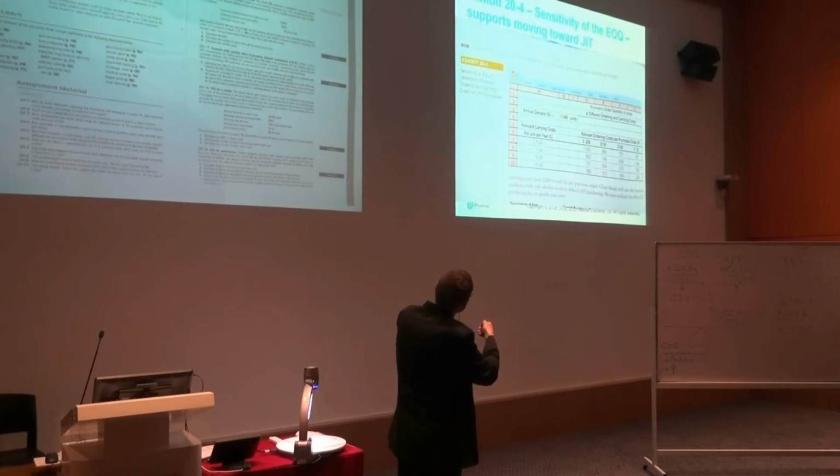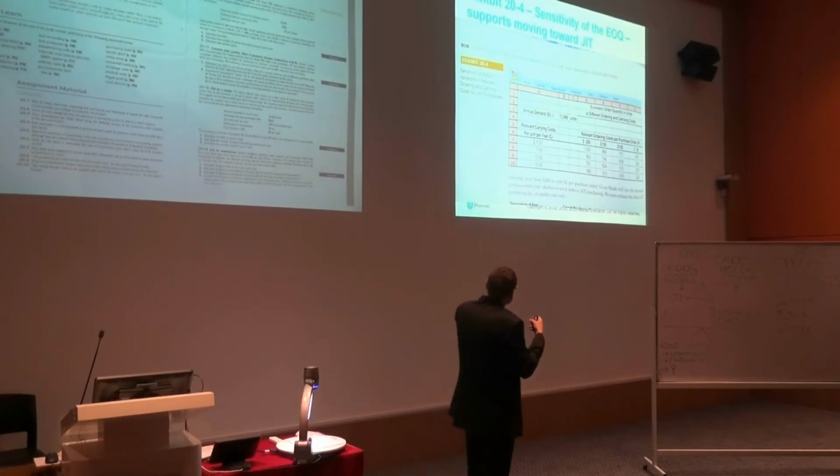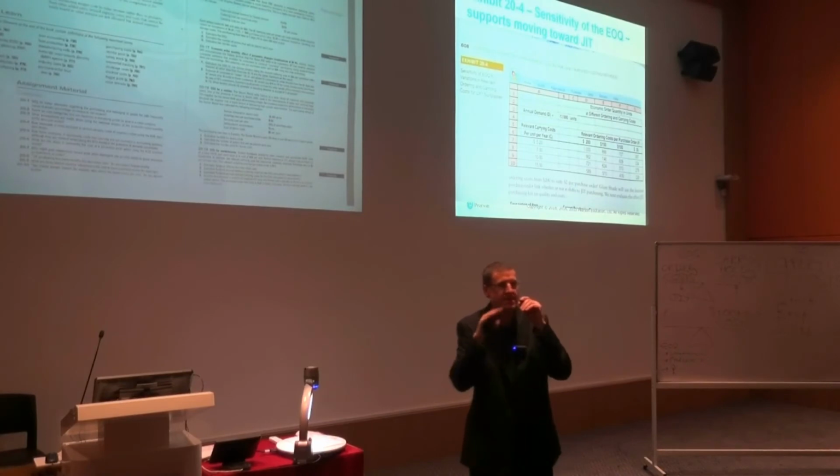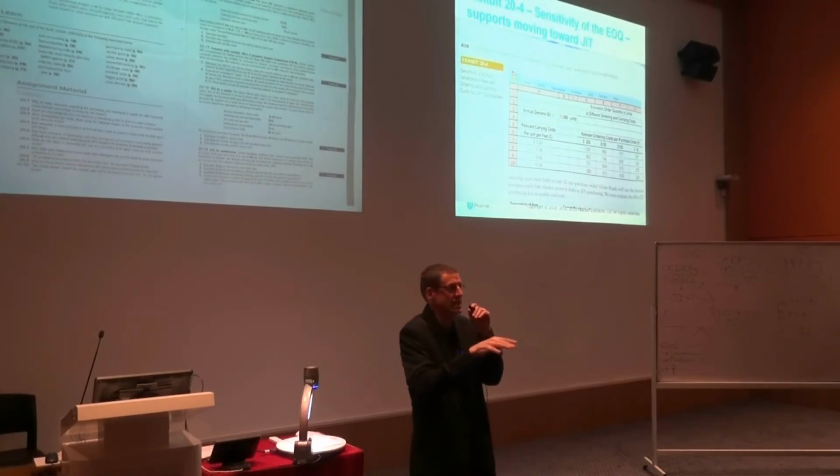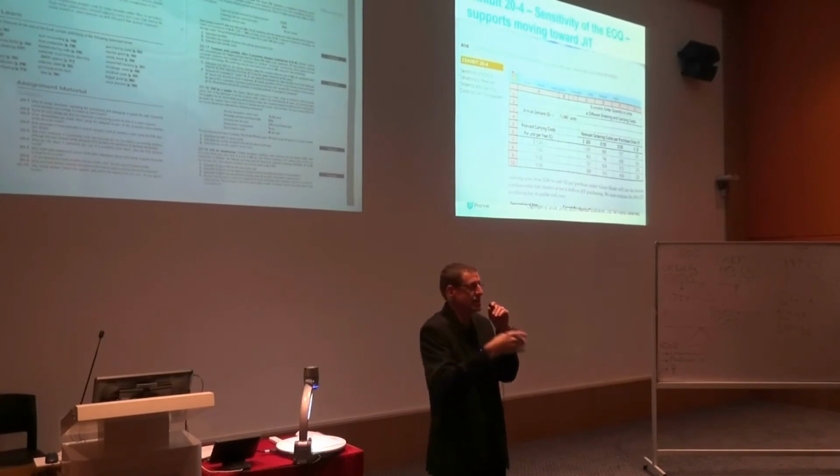Notice exhibit 20.4, sensitivity of EOQ supports movement towards just in time. What do we mean by that? Let's have a look at that sunglass example again. Remember, there were 13,000 sunglasses, the planned demand each year.